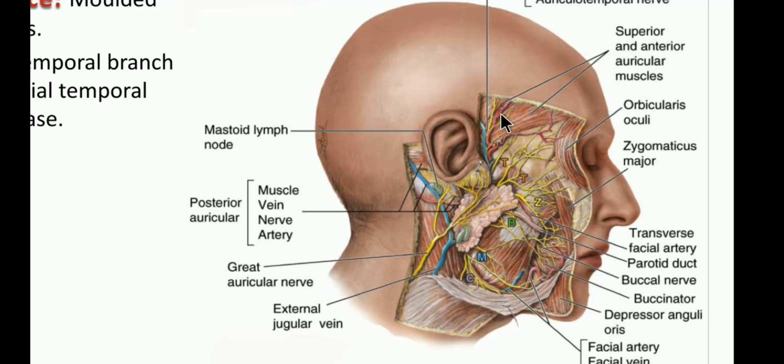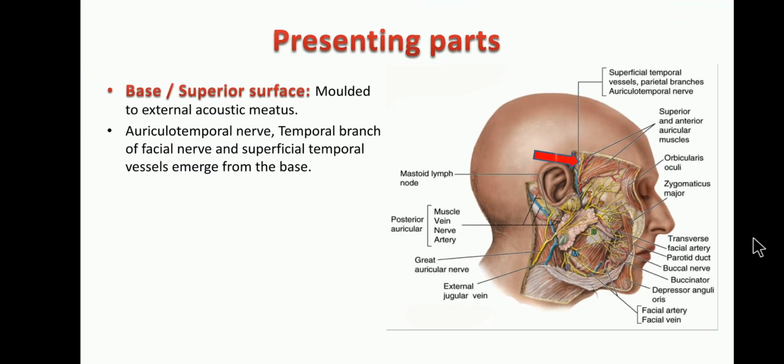The auriculotemporal nerve is from the mandibular division of the trigeminal nerve. Both supply the scalp. Apart from that, you also come across the temporal branch of the facial nerve, which emerges from the base of the gland. So these are the structures emerging from the base of the parotid gland.